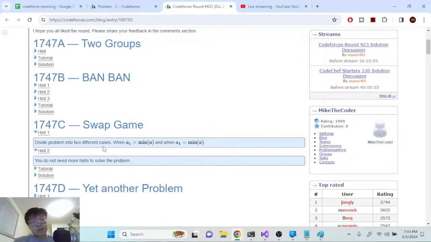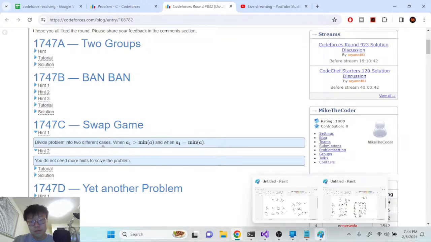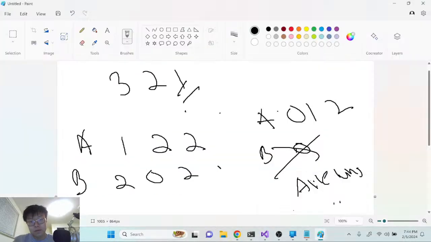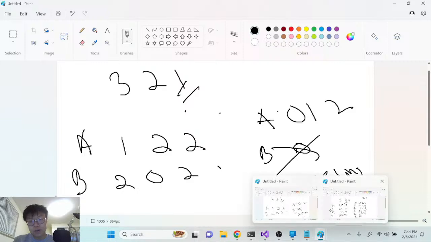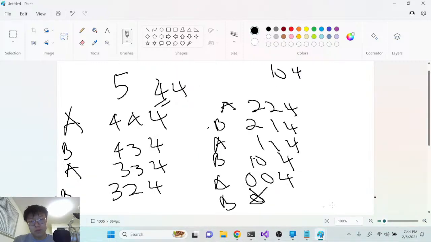Split the problem into 2 cases: A1 is greater than the minimum of A, and when A1 is equal to the minimum of A. Does Alice always win when the minimum is 4? Saying Alice always wins? I don't think so.